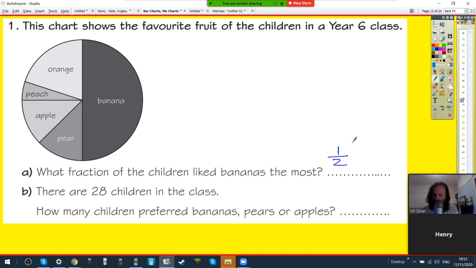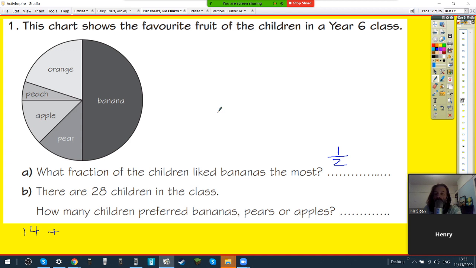Okay. So bananas is half, so that must be 14. Apple is half a quarter. 7 is half of 14, so half of 7 is 3.5.